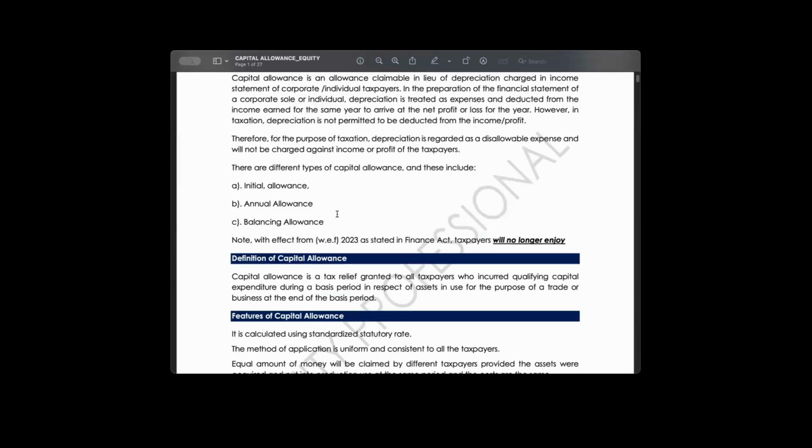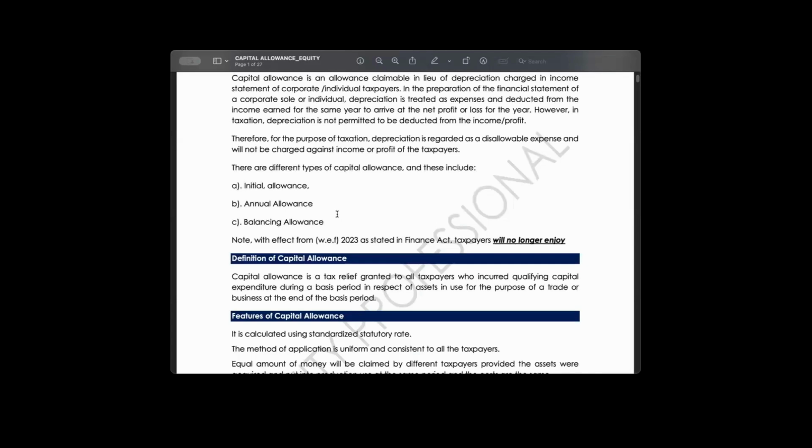We can go further by saying examiners at times are funny. In a situation where the examiner gives you land and building together, they merge it. They just say land and building. What the examiner is expecting there is that you should calculate annual allowance or initial allowance, as the case may be, on the building, not the land.